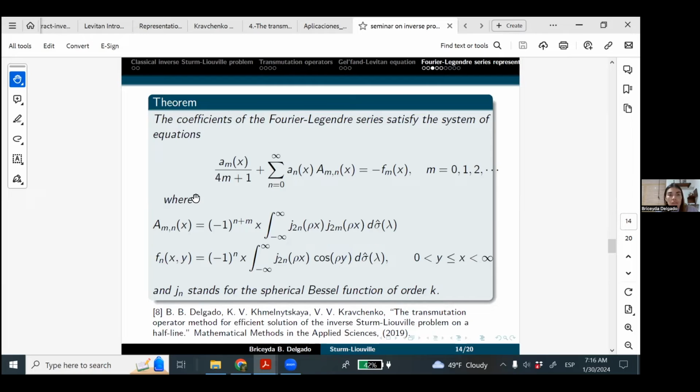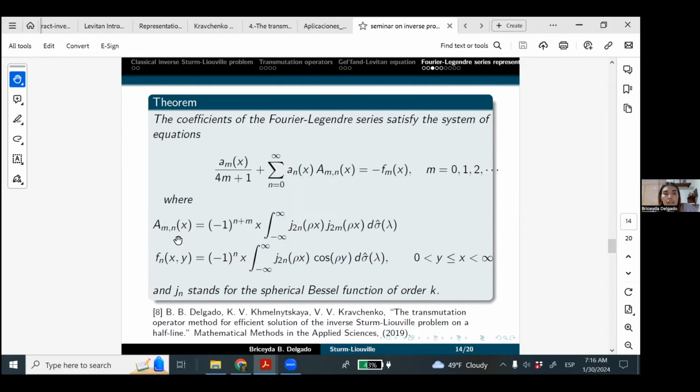Okay, now we have this theorem. This theorem tells us that the coefficients of this Fourier-Legendre series representation satisfy the following system of equations. Here we have a system, and recall the a_n are the coefficients of the series. These new functions A_mn and F_m are defined as follows.